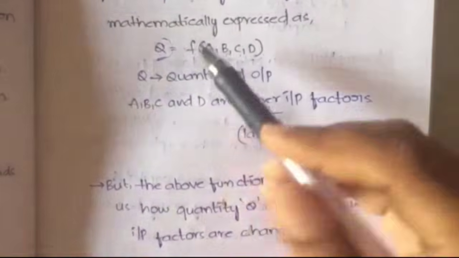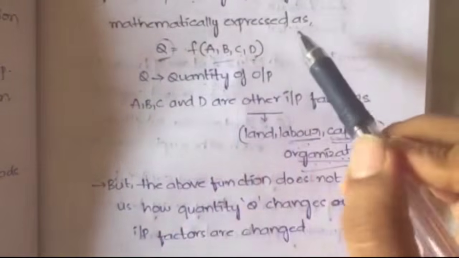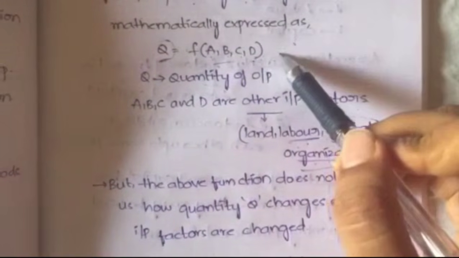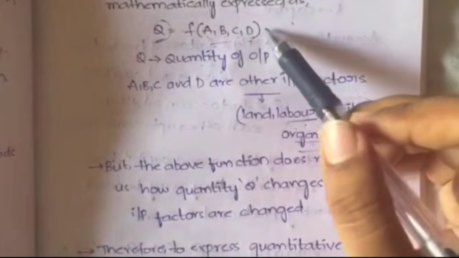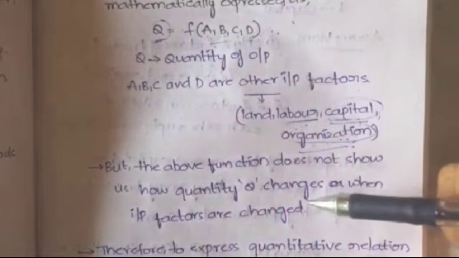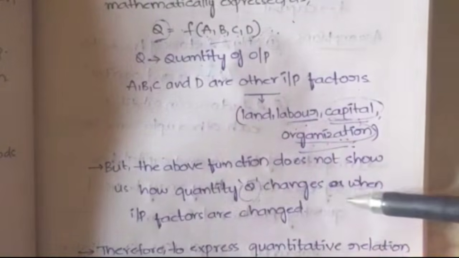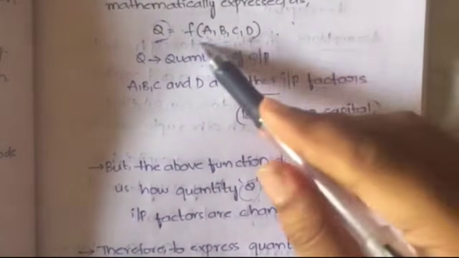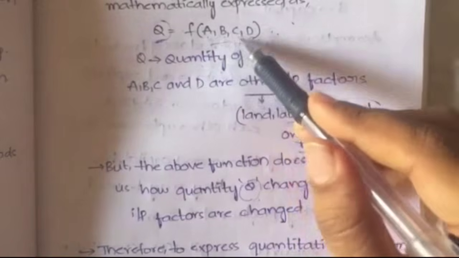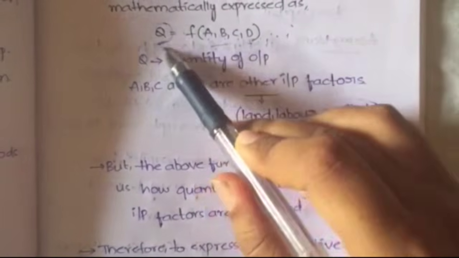So what is the disadvantage that you have got in this mathematical expression? What does that mean? See, when you express any input and output relationship by using this mathematical expression, you will not know how quantity Q will change when input factors are changed. When any of the input factors, either A or B or C or D, is changed, how Q is changed.